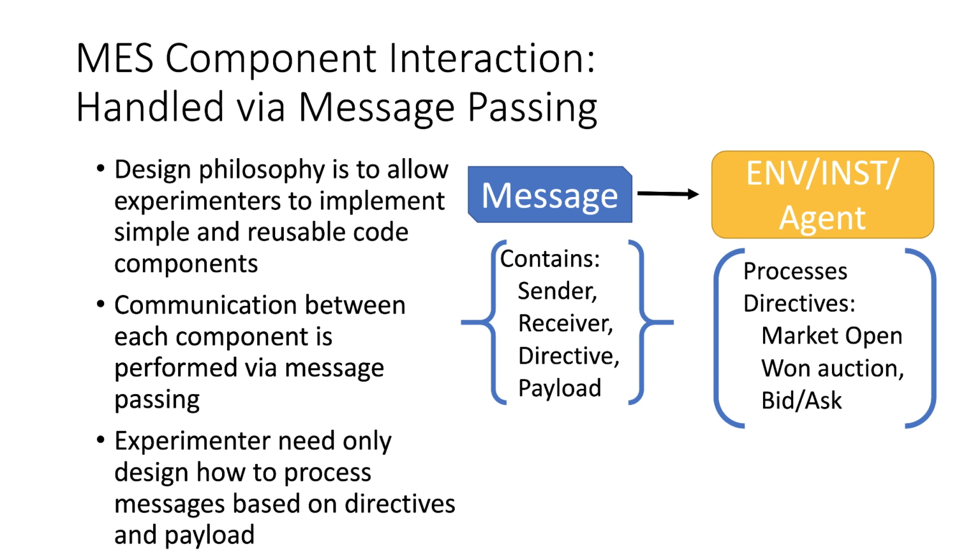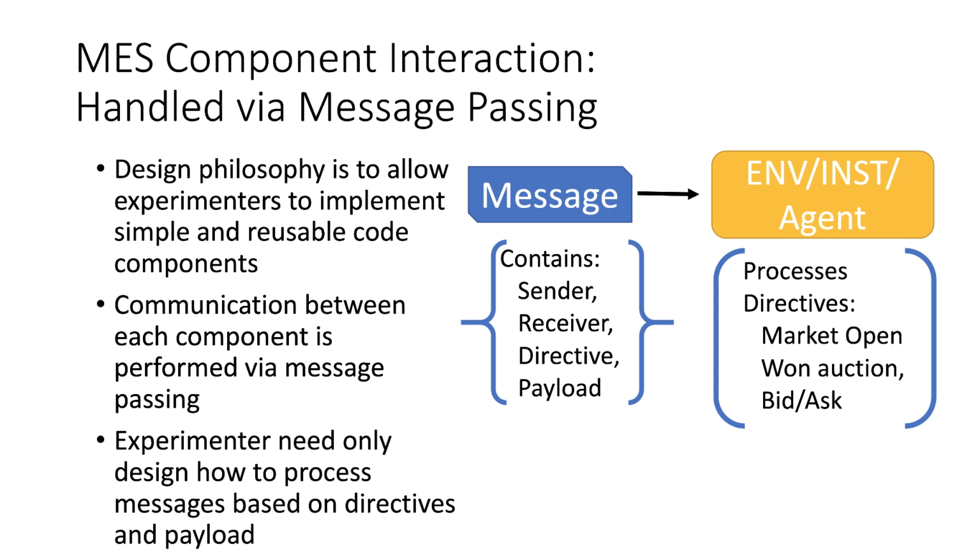So, for example, the agent, when sending a bid into the institution, might have a directive name of bid, and the institution, when it receives that message with a directive of bid, will say, "Oh, now I need to look at the payload," which could include, for example, the value that they're suggesting for their bid.